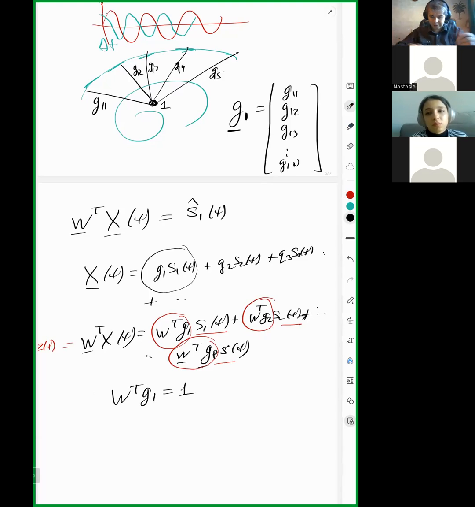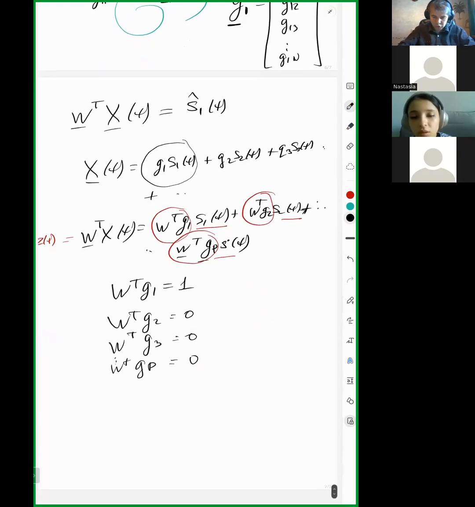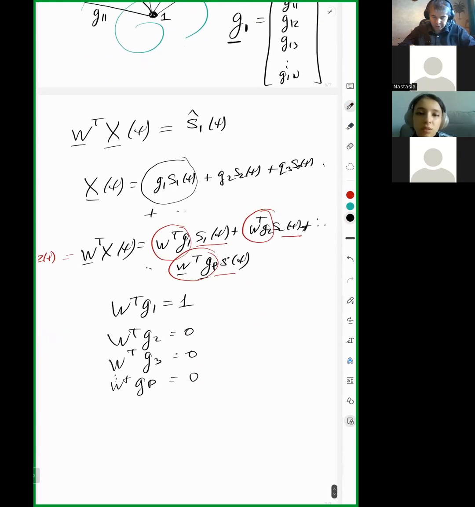And ideally, W transpose G2 should be equal to 0, W transpose G3 should be equal to 0, and etc., W transpose GP equal to 0. Agreed? Because you want such a filter that isolates this source.